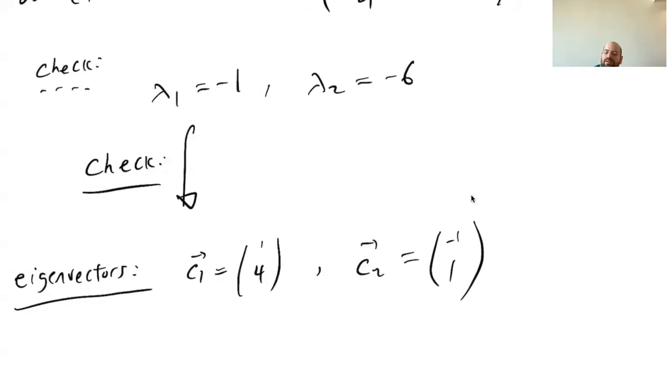So what will be the linearly independent solutions? We know that in the simple case of having two distinct eigenvalues with two eigenvectors C1 and C2, the two linearly independent solutions will be simply C1 e to the power lambda 1 t and C2 e to the power lambda 2 t.